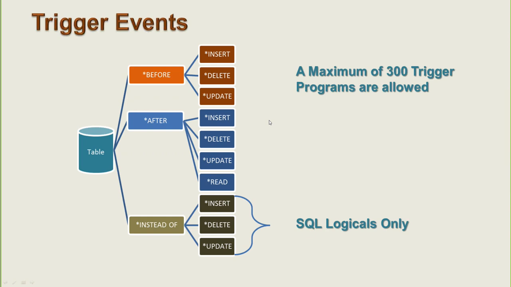Let's have a look at what happens when a client application requests an action on a table. Now, it can be an insert, a delete, or an update, or in the case of an after trigger, it can be a read as well.